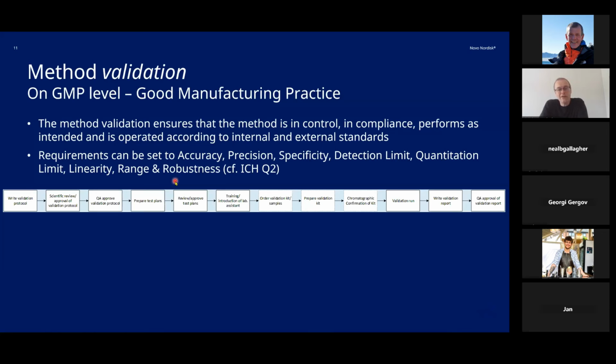So all methods do not need requirements for all these things, but quantitative methods will likely need most of them. And we need to ensure that this is valid not only when we validate the method and say, now it's ready for production.